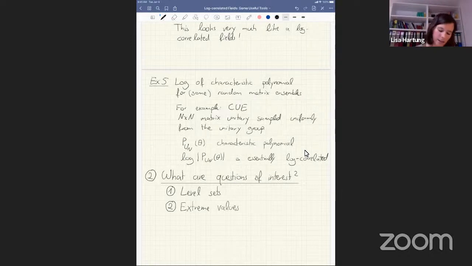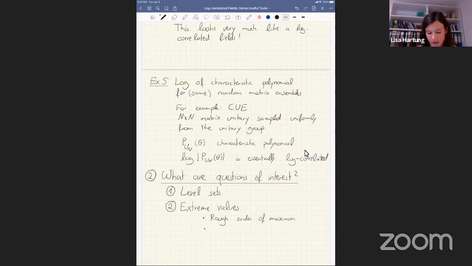When I mean extreme values, of course, there are a lot of questions that build on each other. First of all, you could ask for a law of large numbers type of result, so you could ask for the rough order of the maximum. You could also try to be more precise.